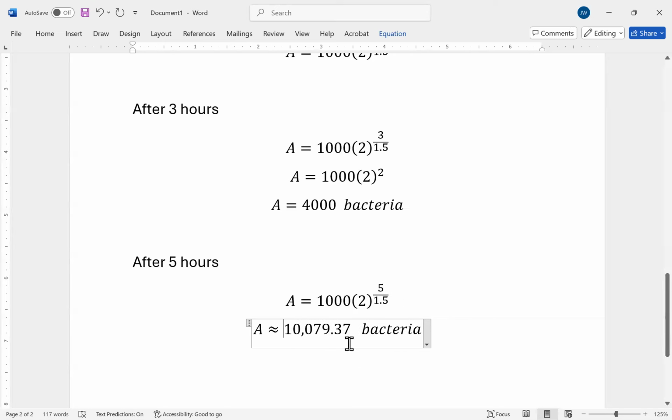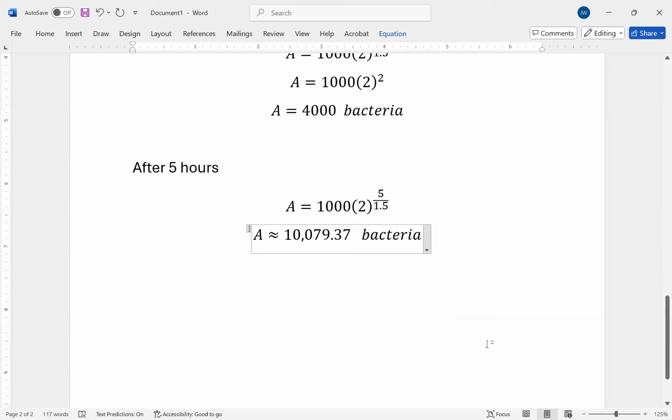Now I've rounded this to the second decimal place, so the hundredths. Other people may want you to round this to the whole number because you can't have 0.37 of a bacteria. But there you go. This one was exact, this one was rounded.